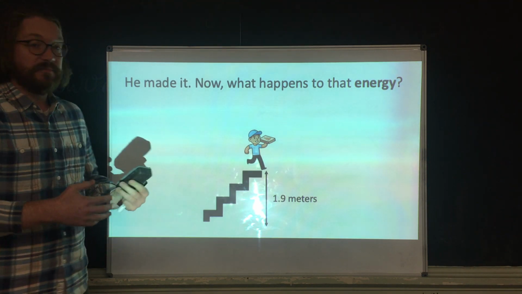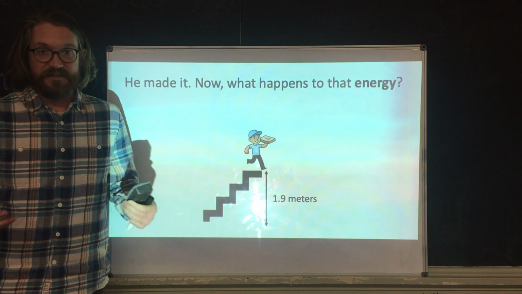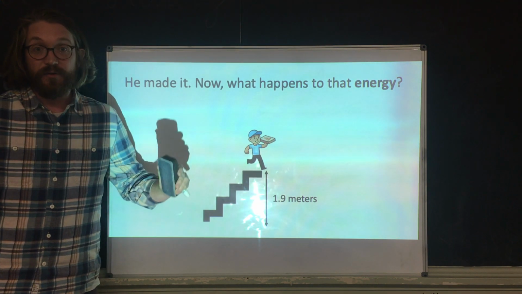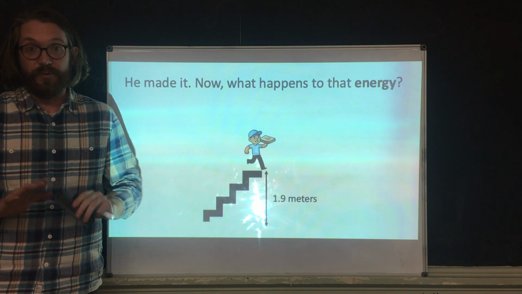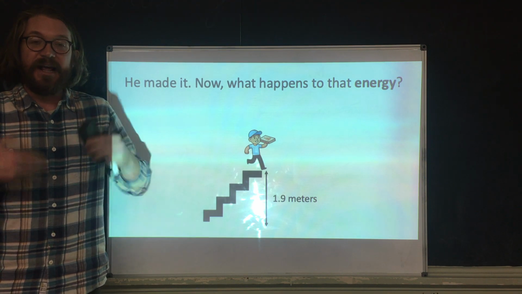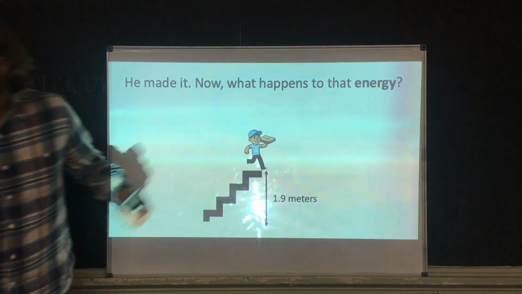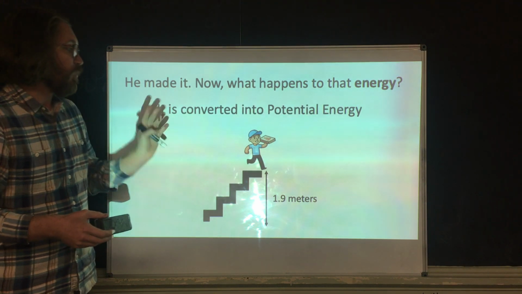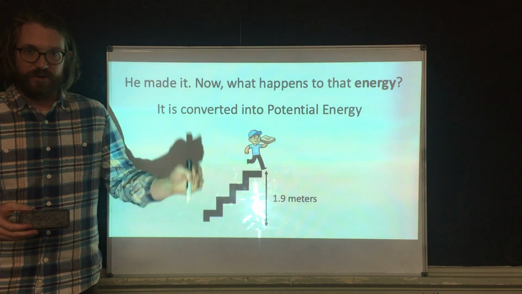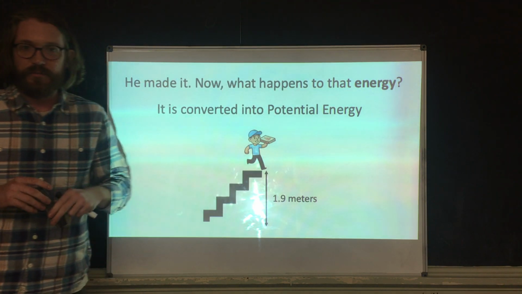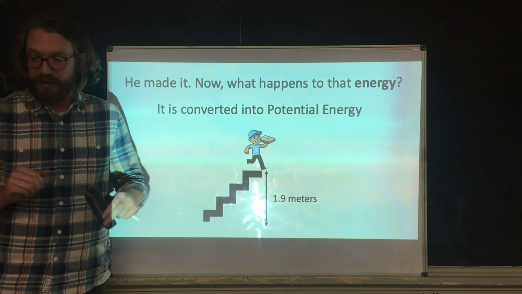The answer is it did not go anywhere, and it did not disappear, because as you're going to find out in the upcoming days, you can never create or destroy energy, right? So that energy had to be converted. It had to be turned into something else. And that something else is what we call potential energy. This is why you saw that piano dangling from the string in the mountains in that first picture.